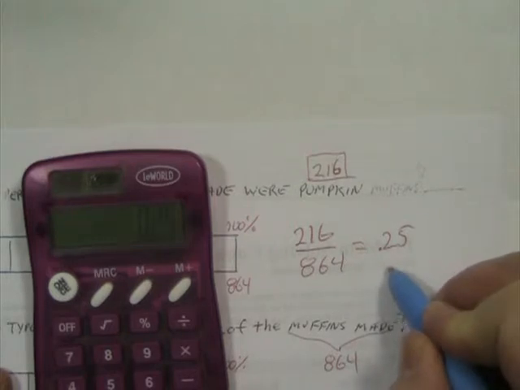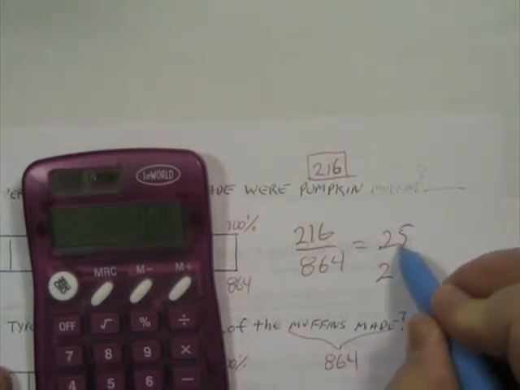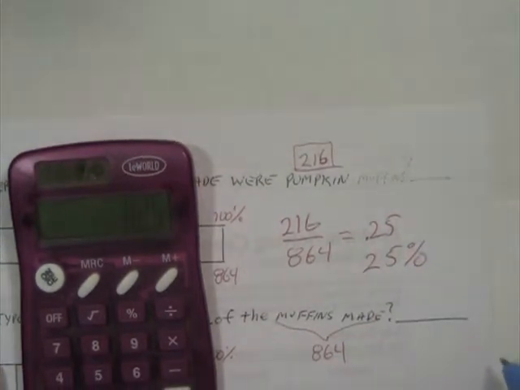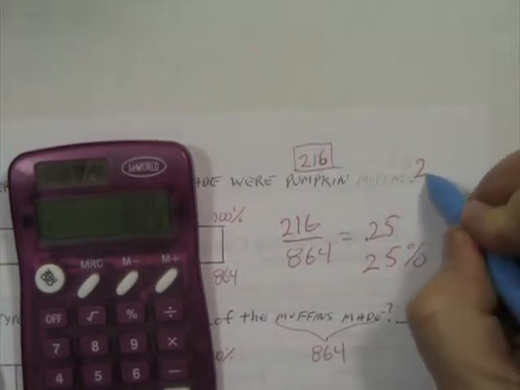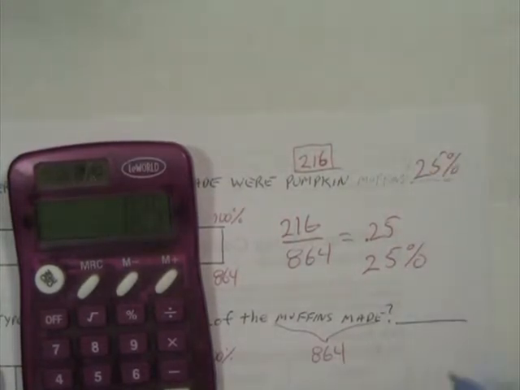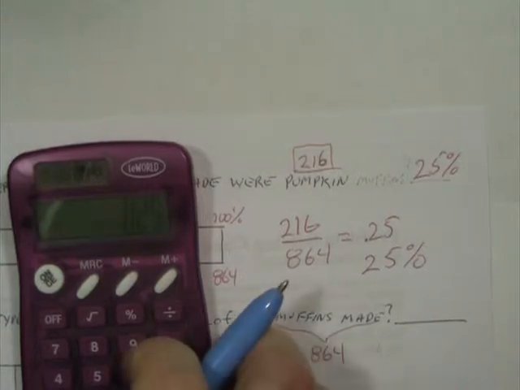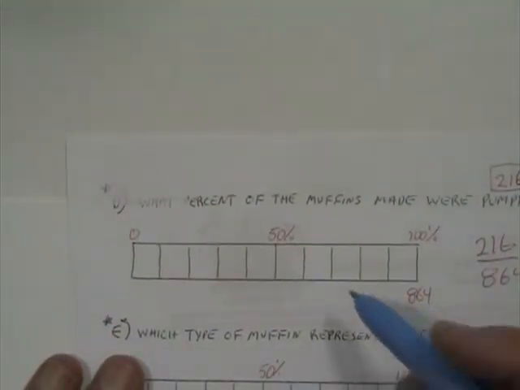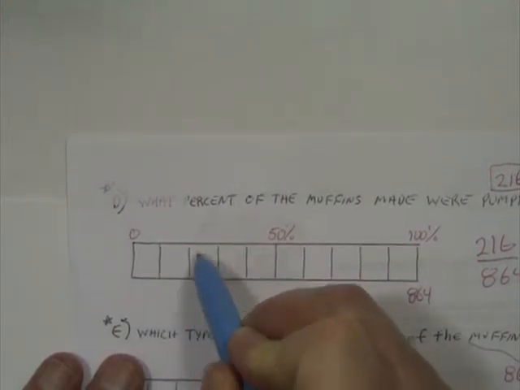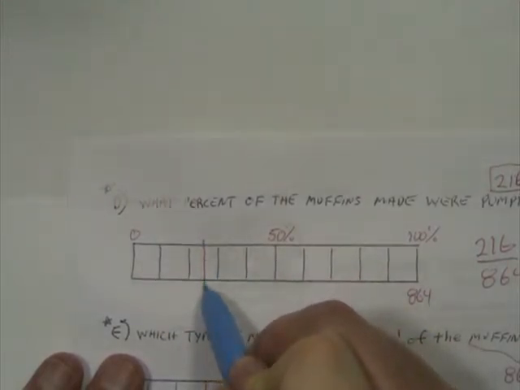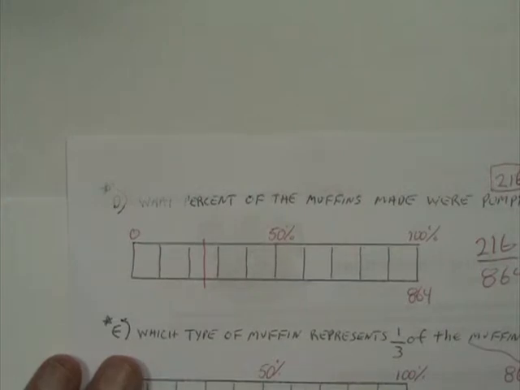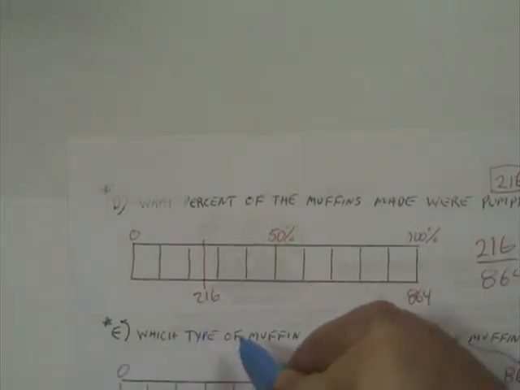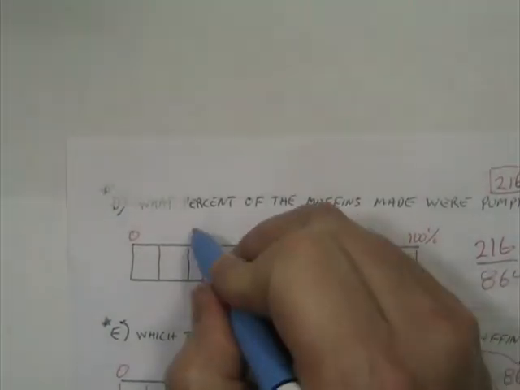Okay, so that's 0.25, which is, move the decimal over 2 spaces, it's 25%. Okay, so on my model right here, here's 10%, 20%, here's 25% right there. All right, and that's where the 216 is. And this is 25%.